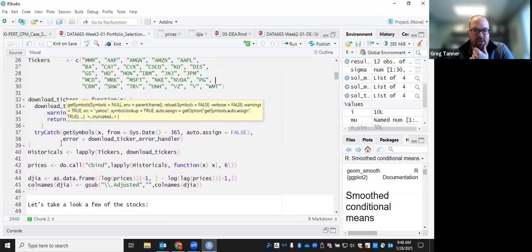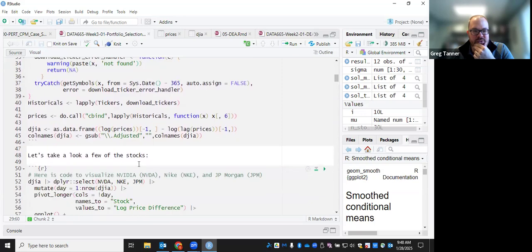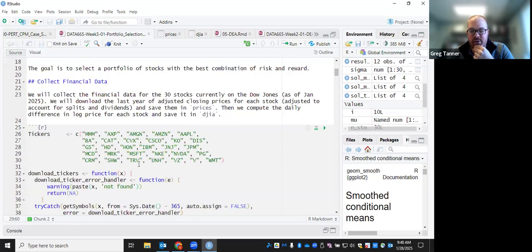And then what we're going to do with that price data is look at the log difference in prices between days. Also, we're using the adjusted closing price for each stock, which adjusts for if the stock splits or gives out dividends. It sort of takes into account that value from the stock as well.